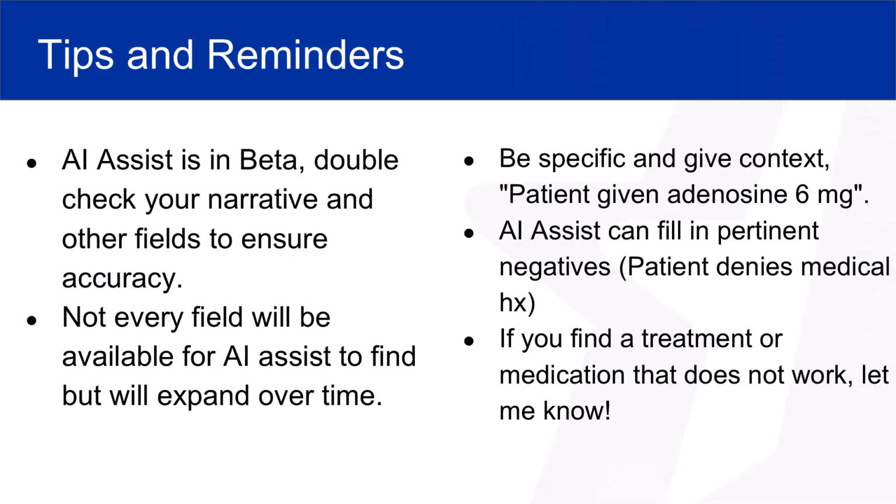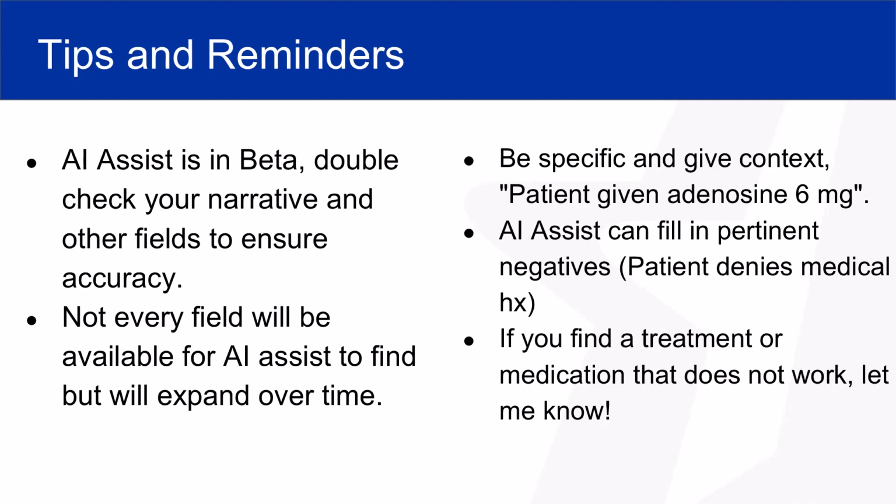A few tips and reminders before I leave you. AI Assist is still in beta test, so double check your narrative and other fields to ensure accuracy. You're still responsible for what AI Assist puts in those fields. Not every field in ImageTrend will be available for AI Assist to find and use, but this number will expand over time.